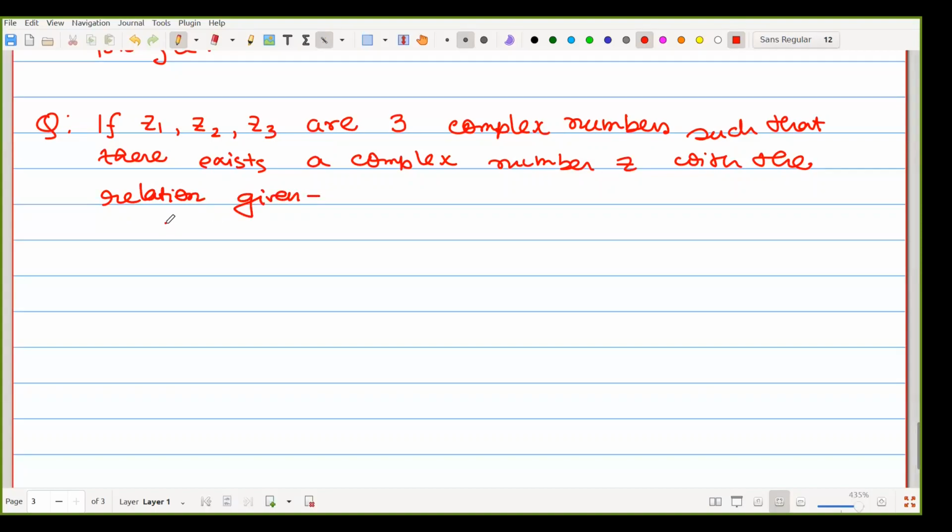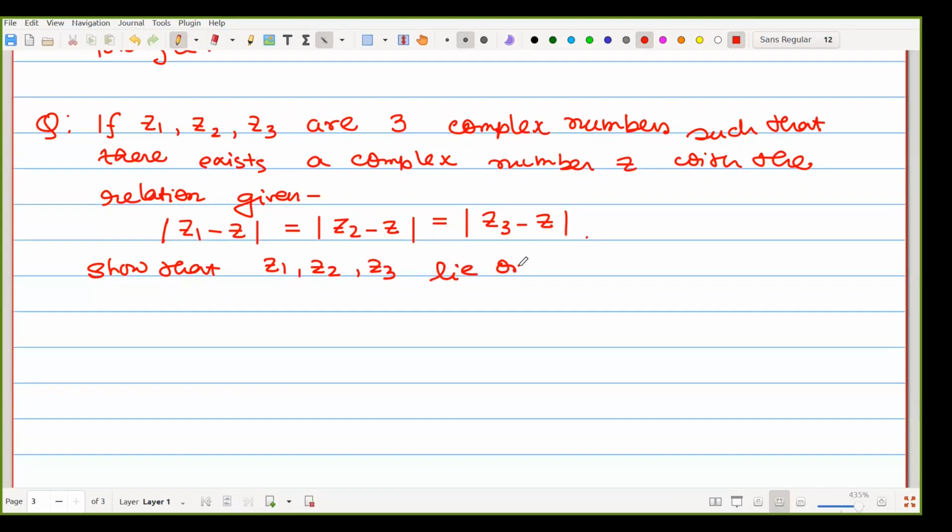Which relation is given? Now modulus of Z1 minus Z is equal to modulus of Z2 minus Z is equal to modulus of Z3 minus Z. We have to show that Z1, Z2, Z3 lie on a circle in the Argand diagram.